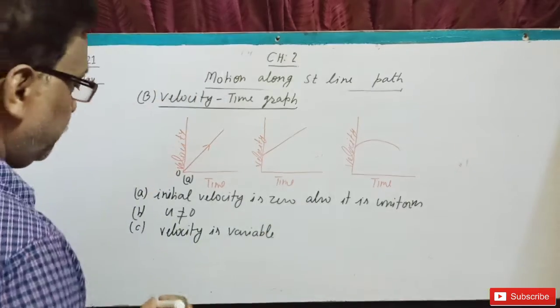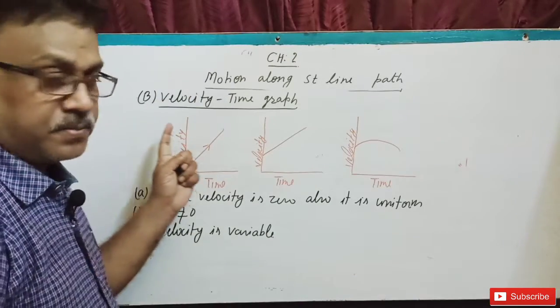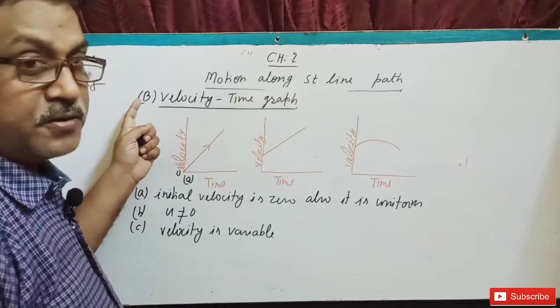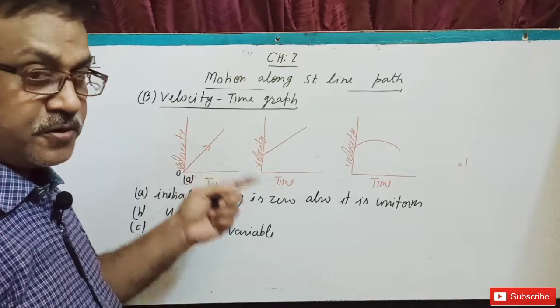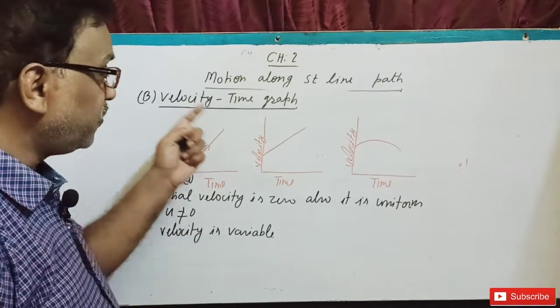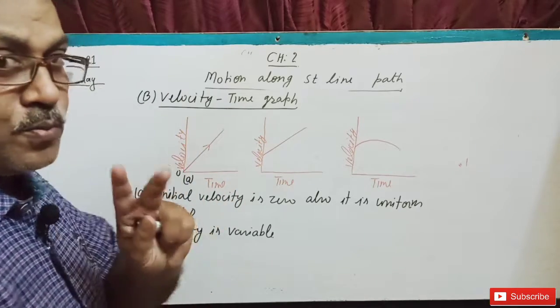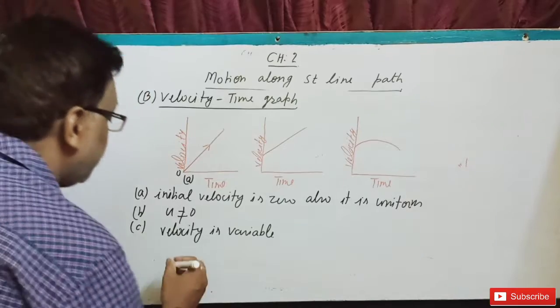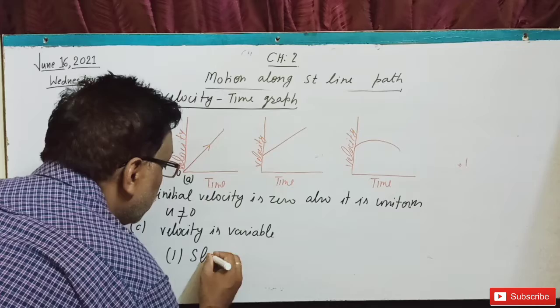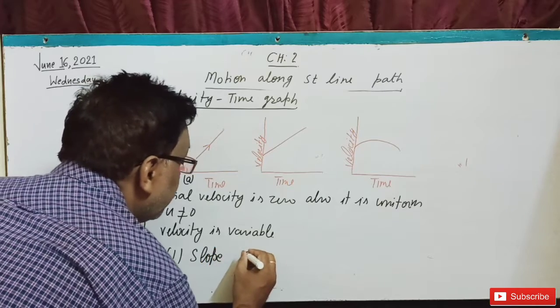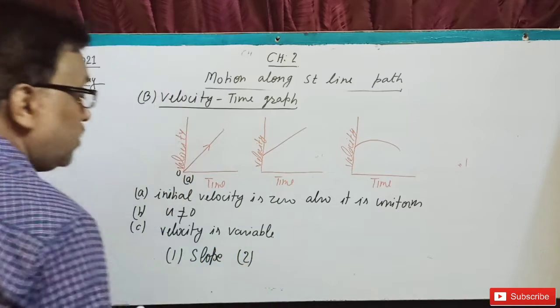Also you look in any graph, whether it is a displacement-time graph or velocity-time graph or acceleration-time graph, we get two more things. First, slope. Second, area.